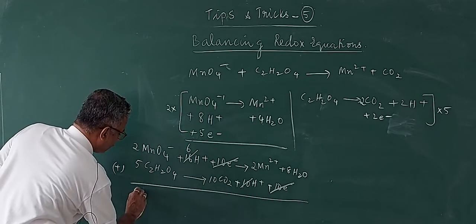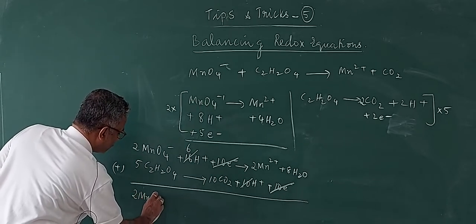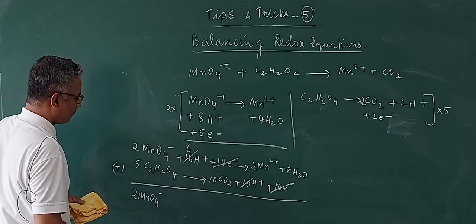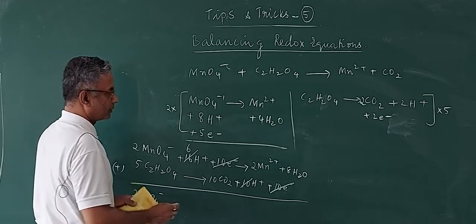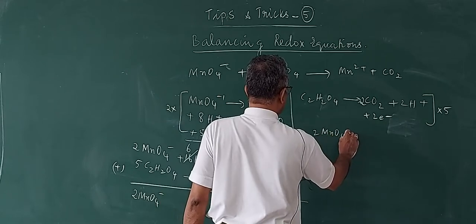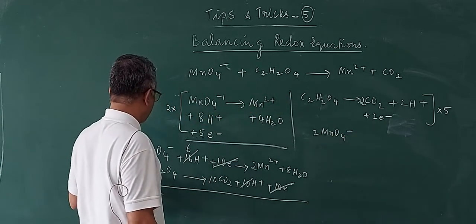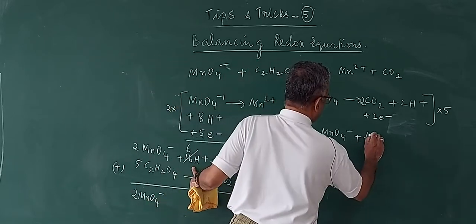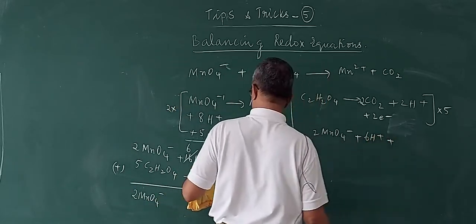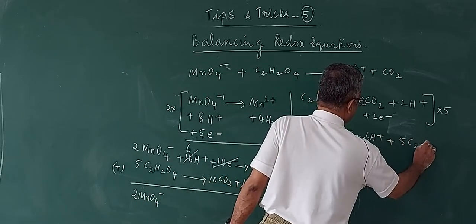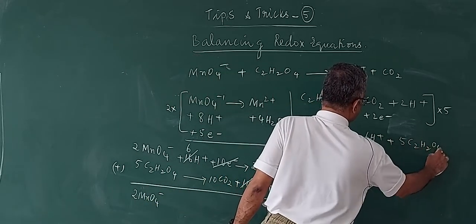So, now the final equation will be 2MnO4 minus plus 6H plus plus 5C2H2O4.